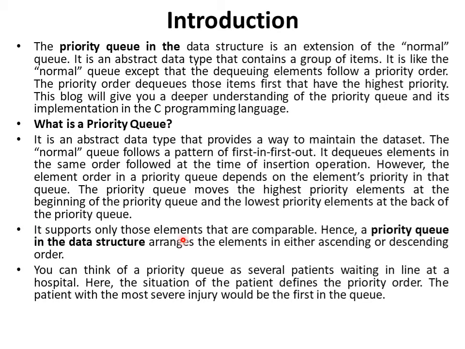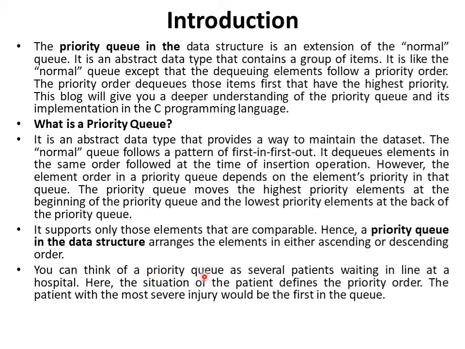It supports only those elements that are comparable. Hence, priority queue in the data structure arranges the elements either in ascending or descending order. That means here only two types of priority can be done, ascending order or descending order.